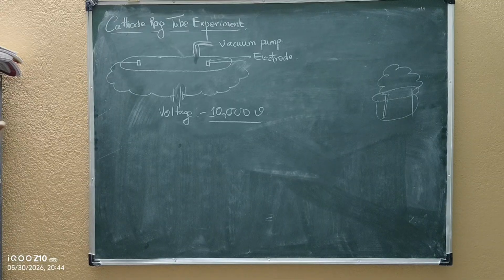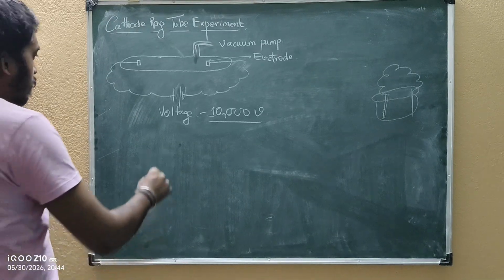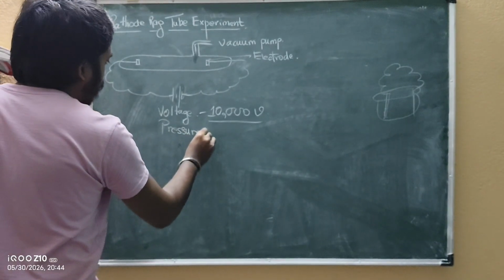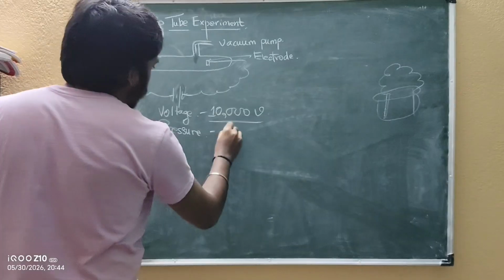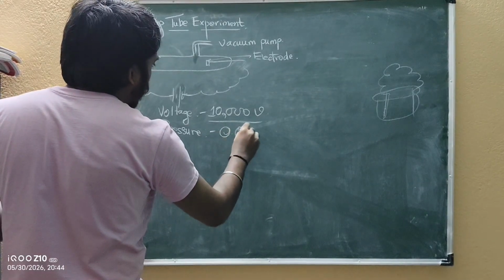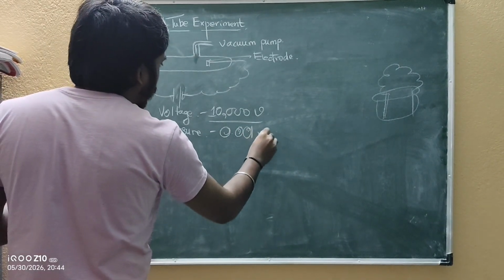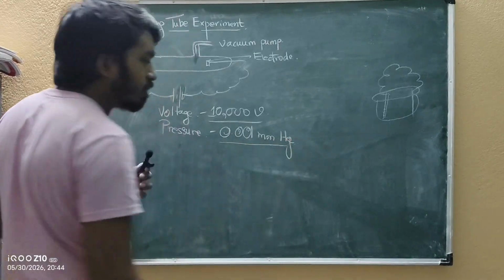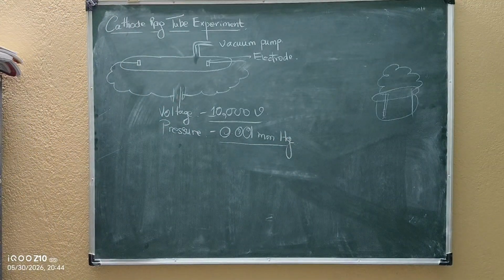So that's the point. This is very high voltage, and the pressure in this cathode ray tube experiment is somewhere around 0.001 mm Hg, which is also a pretty low pressure.